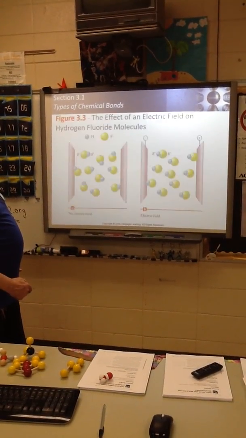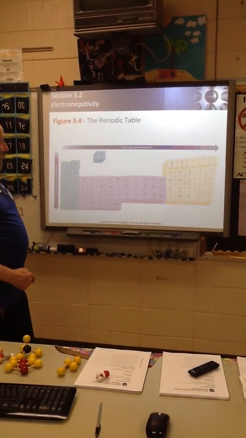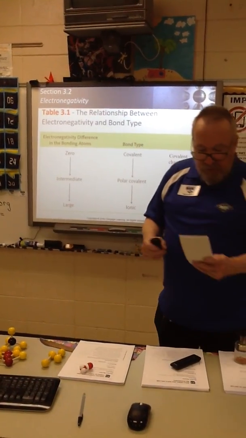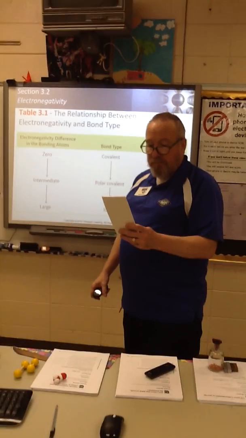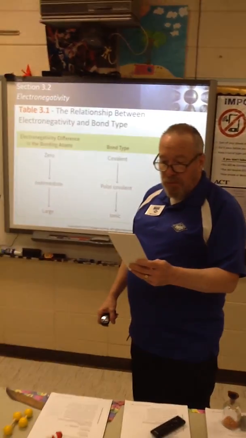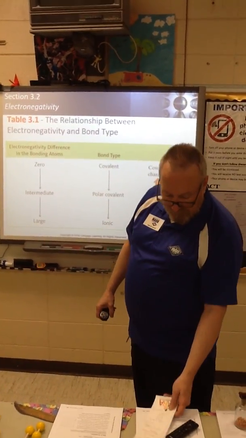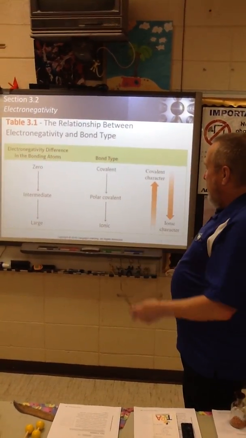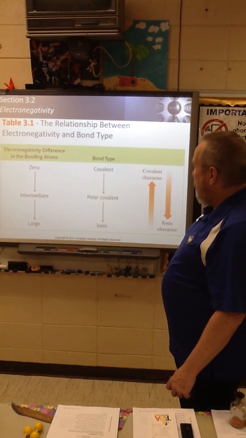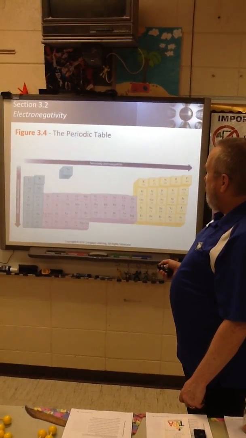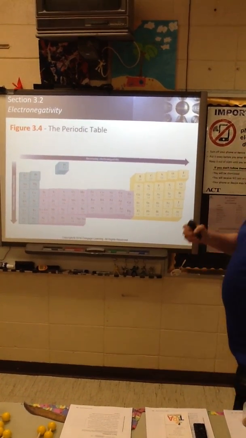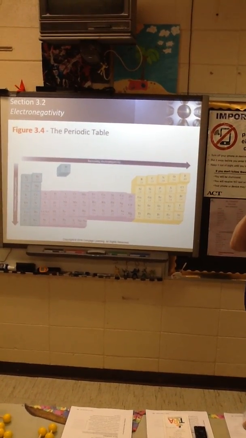Before I go into more bonding, I wanted to cover a few things using these models about how you tell if something's going to be polar or non-polar covalent. Okay? So sometimes these bonds are not shared equally, and we have some molecules that are extremely electronegative.